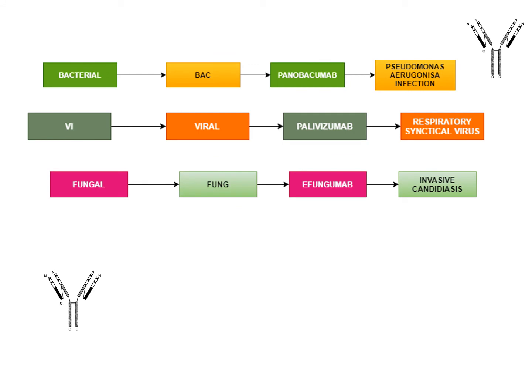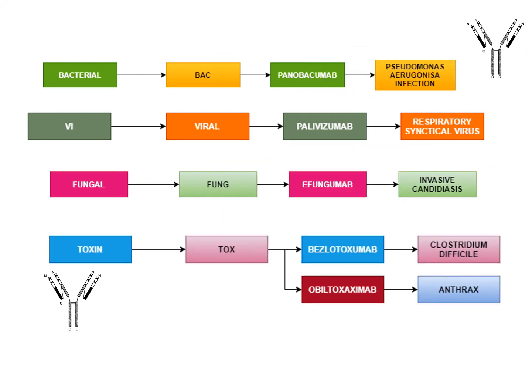Then fungal, efungumab, given for invasive candidiasis. Bezlotoxumab, given for Clostridium difficile toxicity, and Obiltoxaximab, given for anthrax toxicity. Obiltoxaximab contains XI, it is a chimeric form of the monoclonal antibody.